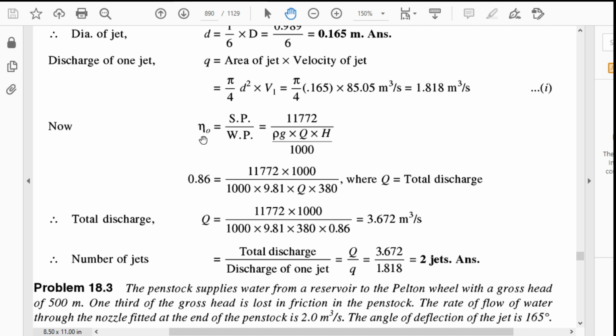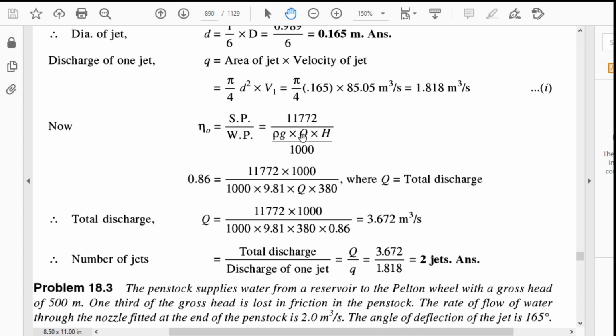Now they have given the overall efficiency, and along with this overall efficiency, shaft power is also given. So by using the formula for overall efficiency, that is shaft power divided by water power, where water power can be calculated as rho g Q H by 1000, which we have studied already. Substitute here, you will get the value of total discharge.